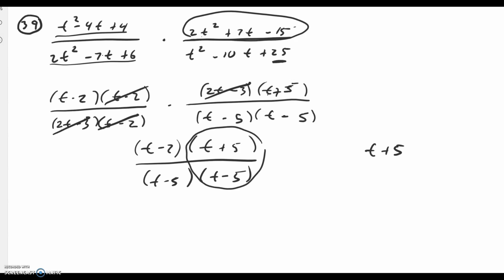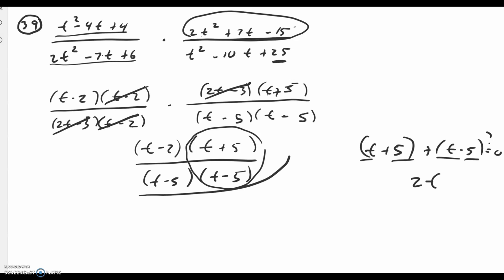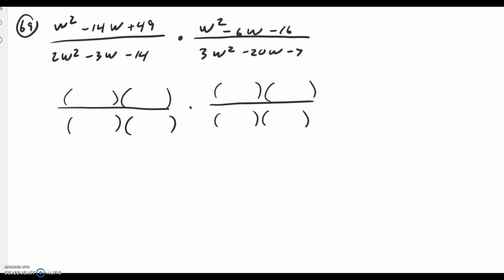And once again, the way to check if two things, numbers, polynomials, whatever, are opposites is to ask yourself, do they add up to 0? The 5 and the negative 5 are opposites, but the t's add up to 2t, and so this is a good final answer.